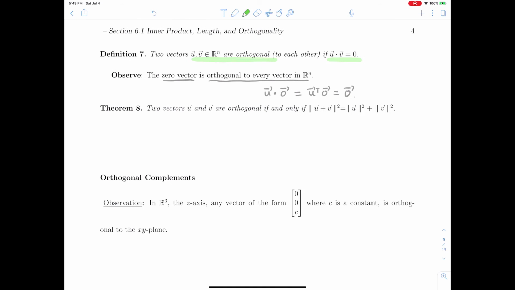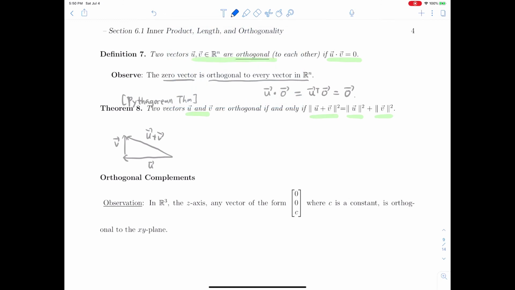And two vectors u and v are orthogonal if and only if the magnitude of u plus v squared is the same as the magnitude of u squared plus the magnitude of v squared. And this is in fact the Pythagorean theorem. So if you build a triangle using the vectors u and v, then we get u plus v over here.